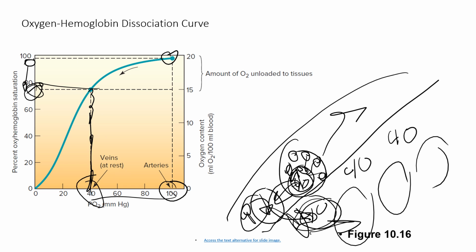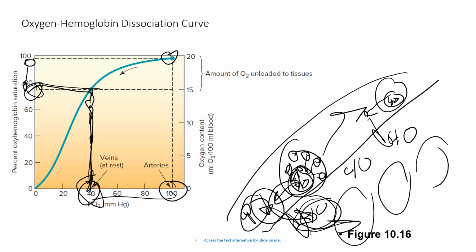Hemoglobin is going to release 25% of its oxygen, and all that oxygen is going to travel into the intracellular fluid of the red blood cell, into the blood plasma, and into the interstitial fluid, and it's going to keep following that path. But eventually, hemoglobin is just going to be 75% saturated, and it can't become any less than that, right? At a partial pressure of oxygen of 40 millimeters of mercury in the intracellular fluid, hemoglobin can't become any less saturated than 75%.